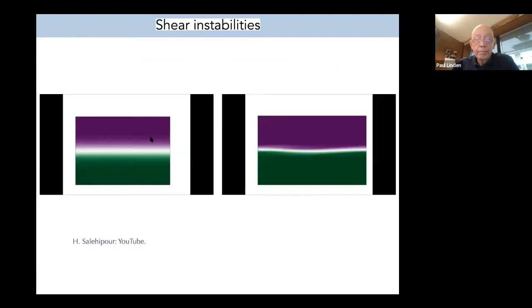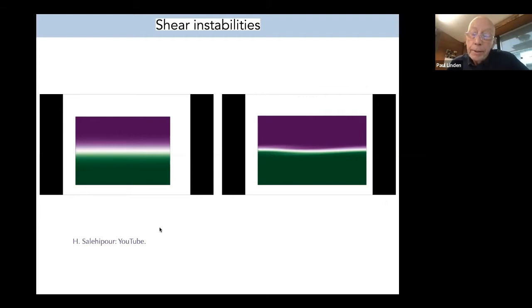So I'm going to move on. And the same is true in numerical simulations. So these are simulations from Hasham Saliapour from Toronto. What you're going to see here, in both panels, is a stratified shear flow. These are numerical calculations, and they're initial value problems.